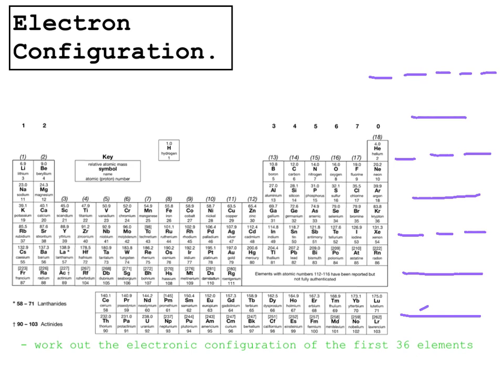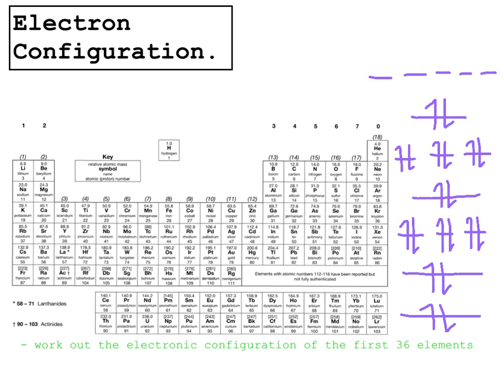And there's 26 electrons, so 1, 2, 3, 4, 5, 6, 7, 8, 9, 10, 11, 12, 13, 14, 15, 16, 17, 18, 19, 20, 21, 22, 23, 24, 25, 26.